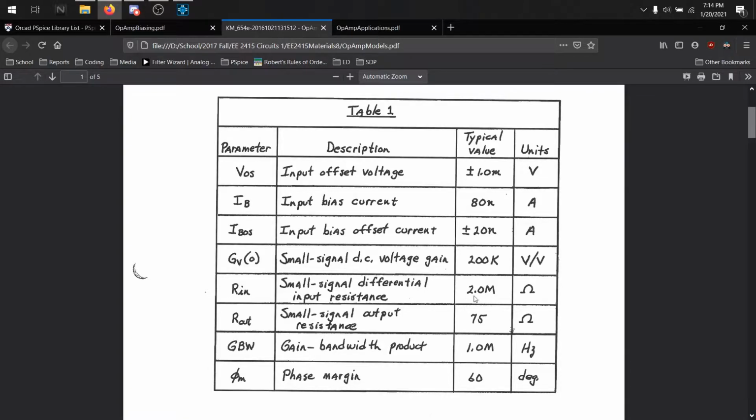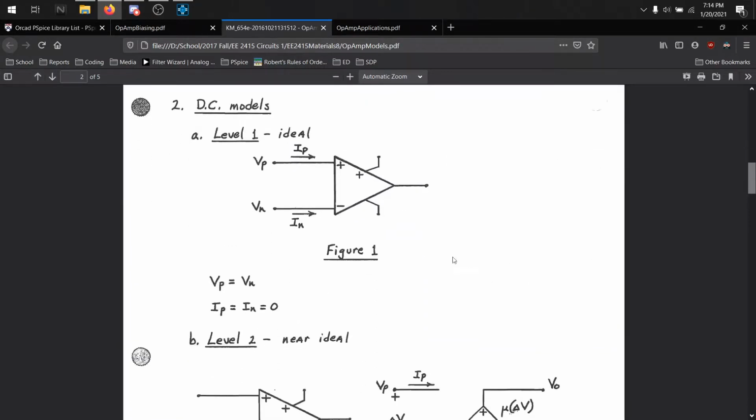Here it has 2 megaohms, so you have big resistance and hardly any current going into the op amp. So that's the ideal. This is what Dr. Russell starts the class with, the ideal op amp. This is what you should be getting, and it helps with the math. It makes it simplified.